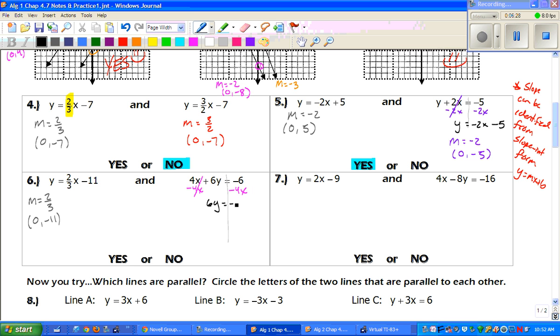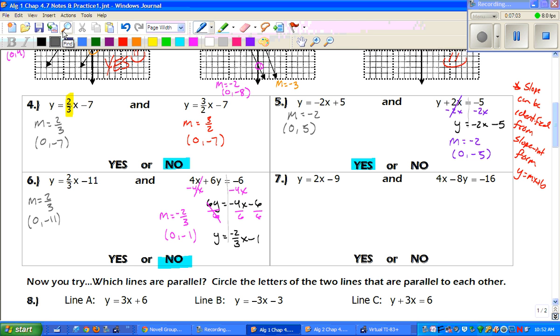You get 6y equals -4x minus 6. Divide everything by 6. We get y equals, reduce the fraction, so our slope is -2/3, and our y-intercept is (0, -1). Do they have the same slope? No, they do not. One is negative.